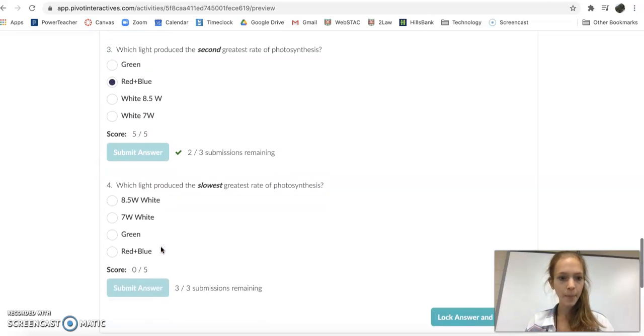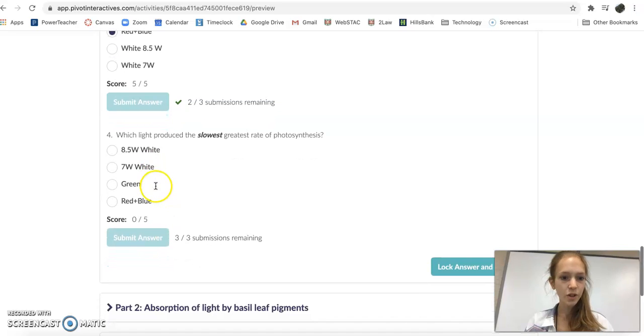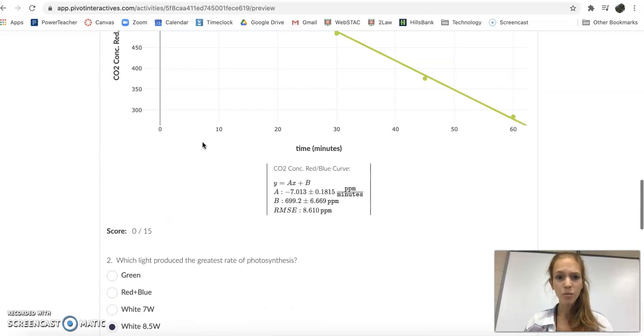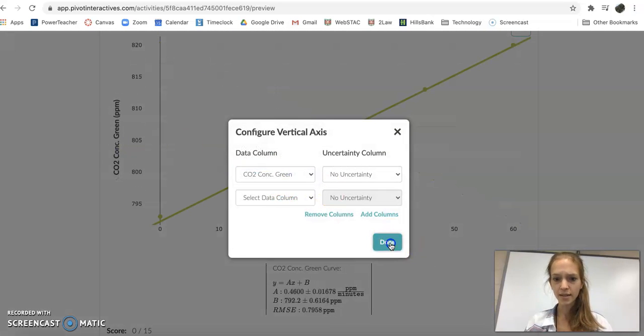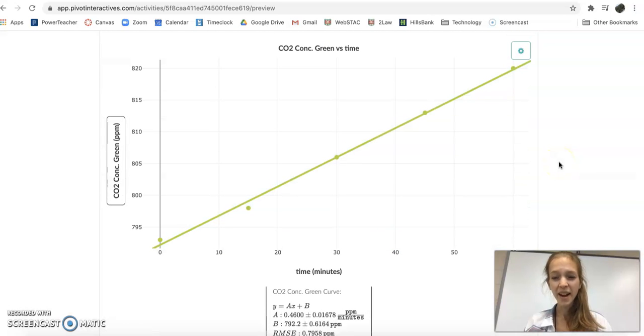Sweet. Now the last question in this first part is, which light produced the slowest rate of photosynthesis? Well, it looks like pretty much no photosynthesis happened when I used green light. And there might have even been something else going on.